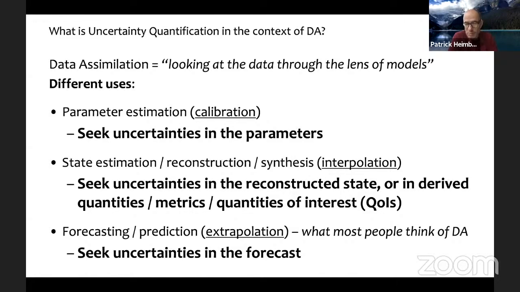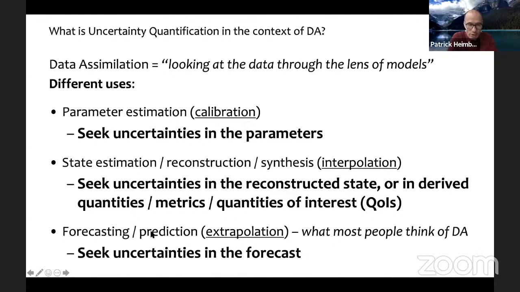People might be familiar with reanalysis products, or derived quantities or metrics. When we say quantities of interest, in the ocean we would look at a derived quantity like ocean heat content over a certain box, or transport through a certain section like AMOC transport, Drake Passage transport or the Nino 3.4 index. These would all be derived quantities.